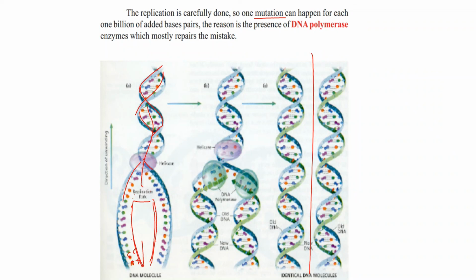Among billions of new nucleotides added, almost 100% are correct, with a low number of mistakes, because the DNA polymerase enzyme mostly repairs the mistakes. As it goes on building new DNA, it then moves backward to control and check if it is true. If there is some mistake, it rebuilds or repairs or changes the nucleotides.